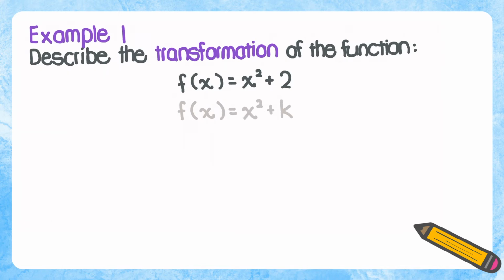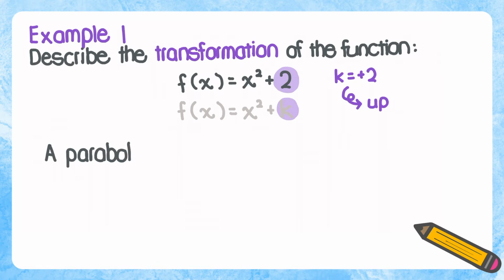We have an exact match, so I know that k equals positive 2. Since k equals positive 2, we will be moving up. So we need to describe this movement.